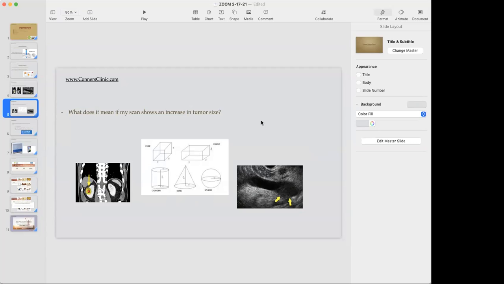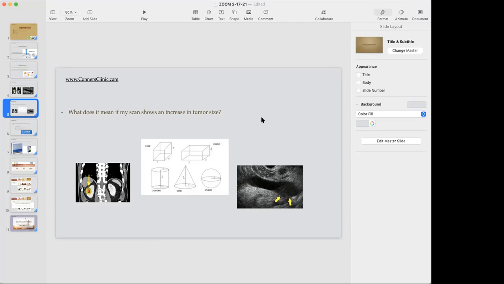So when you're looking at a scan and comparing scan to scan, you're looking at, are there any gross differences? So we went from a 2.3 centimeter tumor to a 5 centimeter tumor. Okay, there's an issue there. There's some growth taking place. We go from a 2.3 centimeter tumor to a 2.5 centimeter tumor.